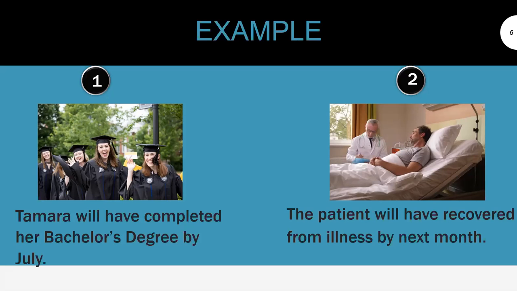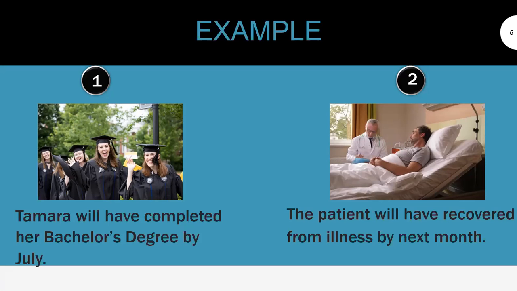Oh, no, no, no. Then you can say Tamara will have completed her bachelor's degree by July. Okay? It means by July, she is not on the campus again. She is not studying again, but she already completed, or she will have completed her bachelor degree by July. July next year, yeah, not now.